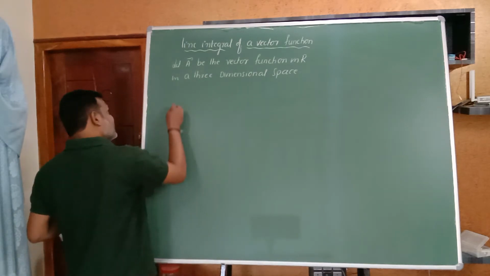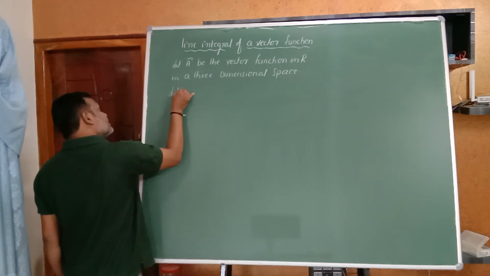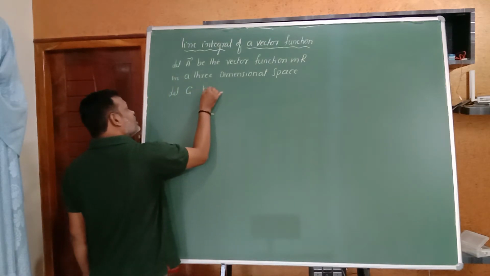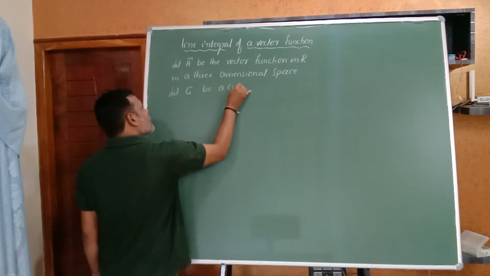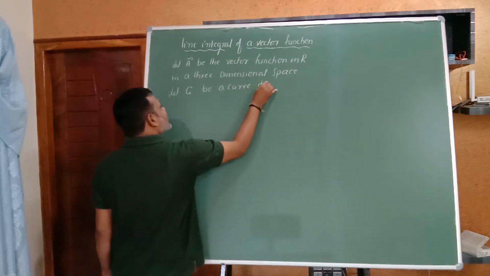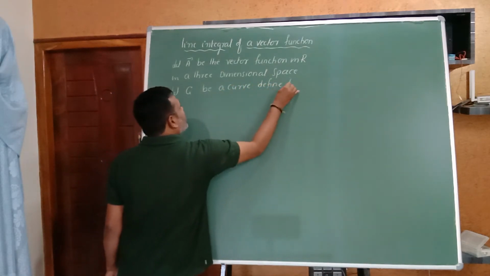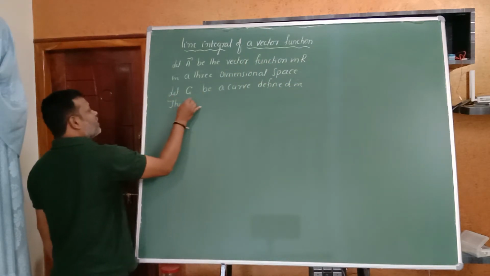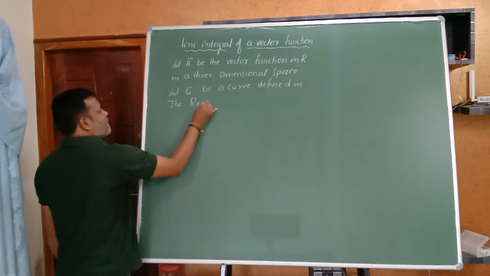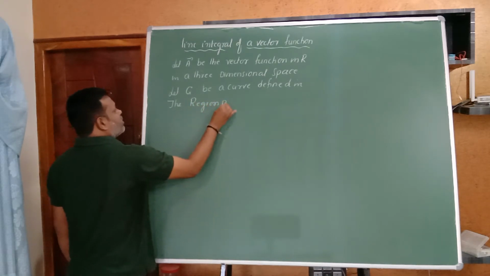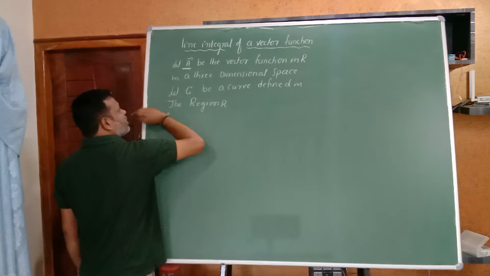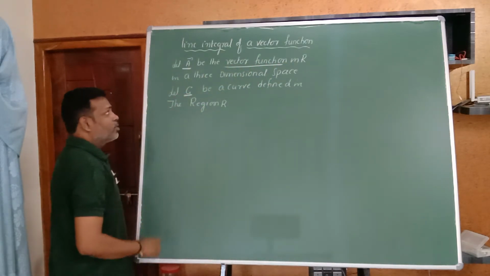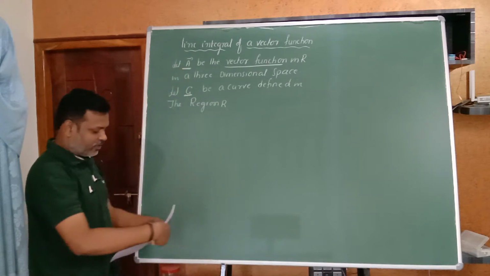And now let capital C be a curve. This capital C indicates the curve. Let capital C be a curve defined in the same region, that means defined in the region R. Mind it, capital A is the vector function and C is nothing but a curve where we are going to define the vector function.